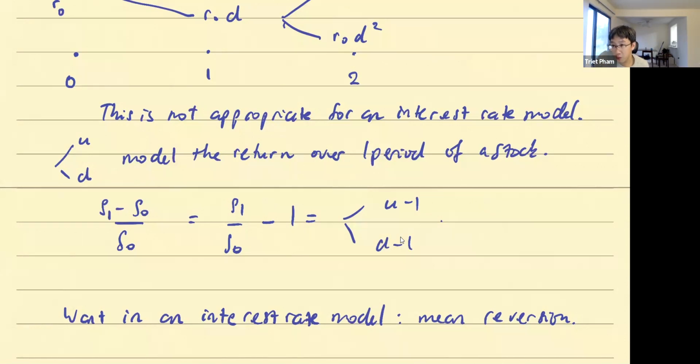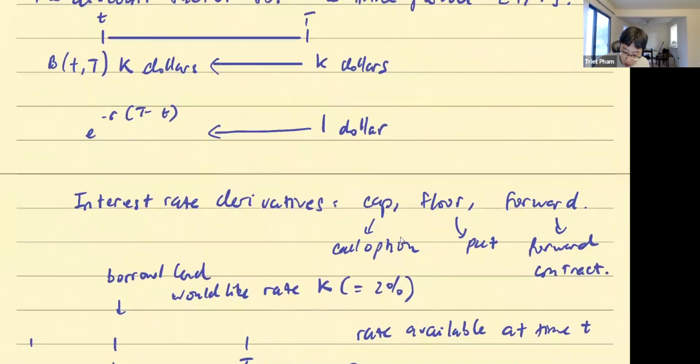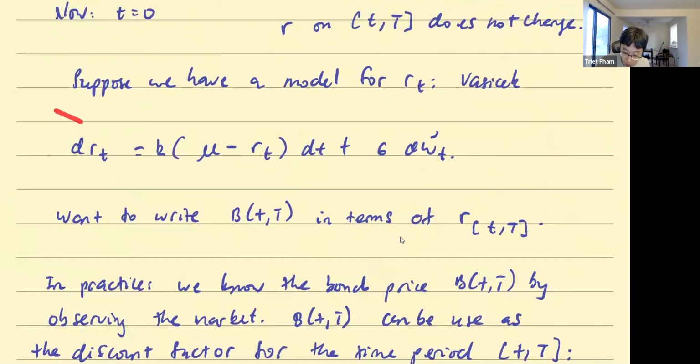For one thing, it's regulated by the Fed or by someone like that. Second, unless you have something go very wrong with the market, the cost of lending or borrowing over a period of time tends to stabilize over the long term. And that, by the way, is expressed right here in the Vasicek model.